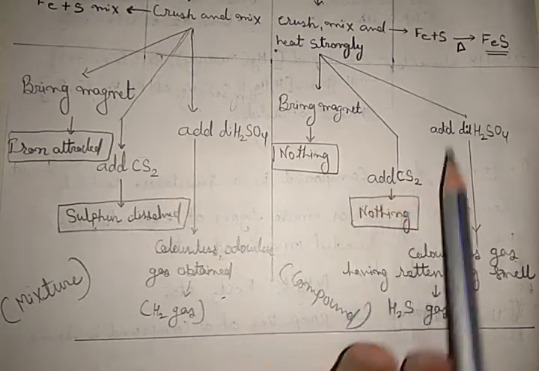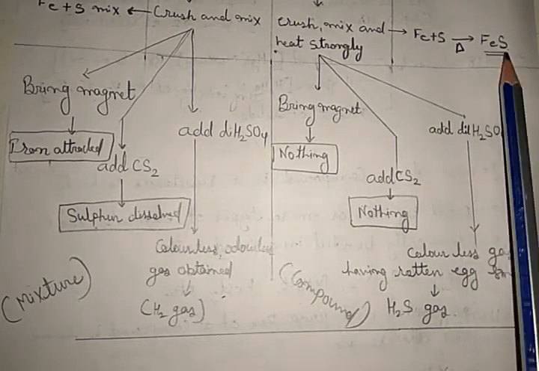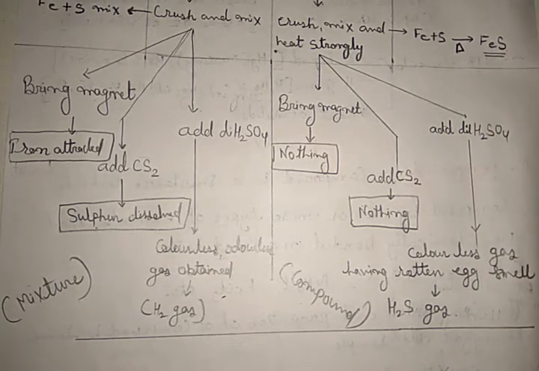But here iron and sulfur combined and made a compound, that is FeS, iron sulfide. Because of the formation of iron sulfide, the iron and sulfur lose their identity.